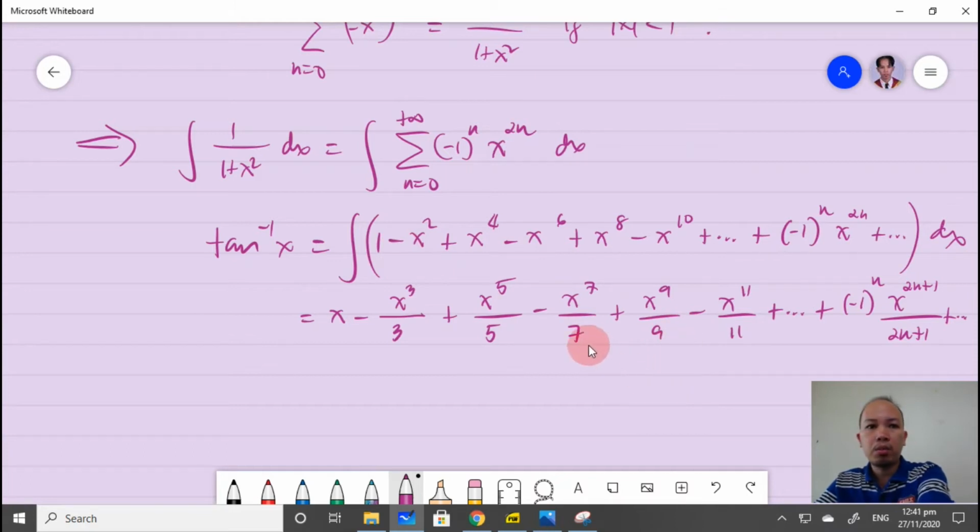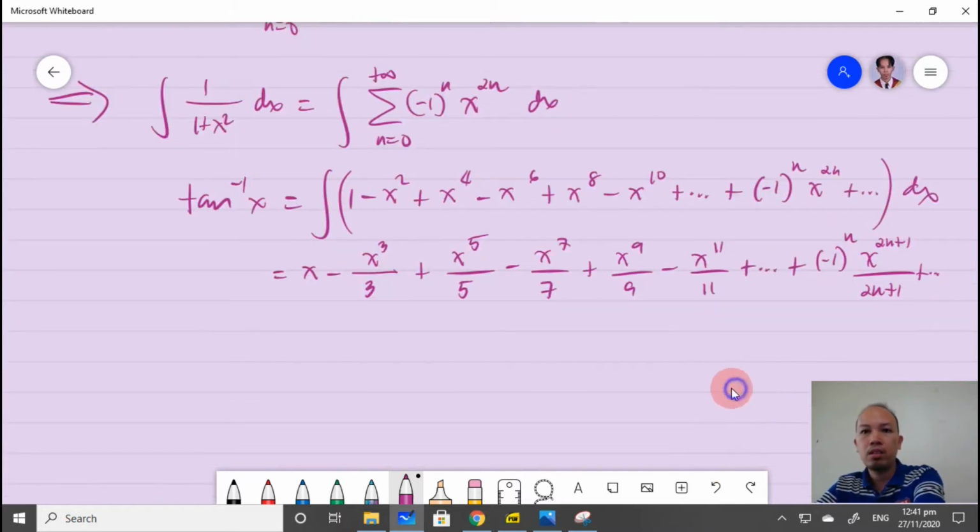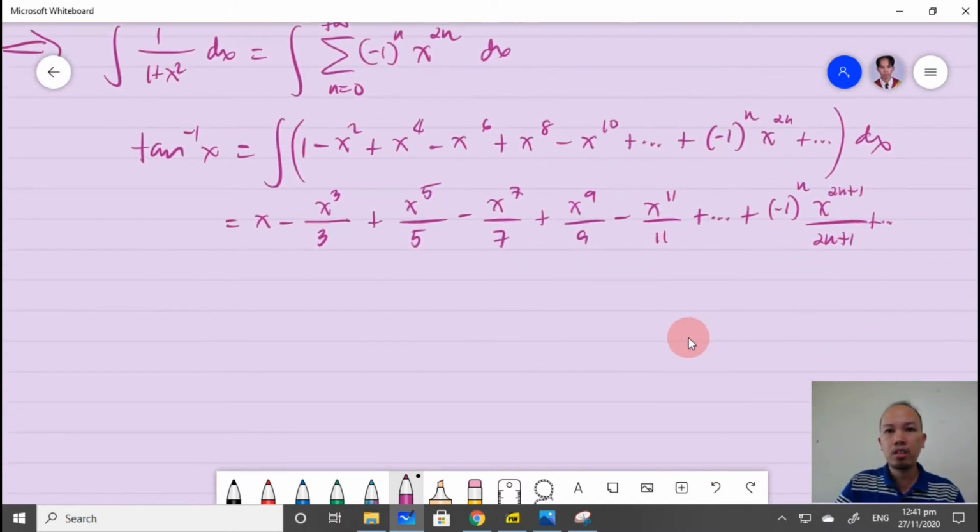So we can write C here, something plus C. Let's try to write this in the summation form.